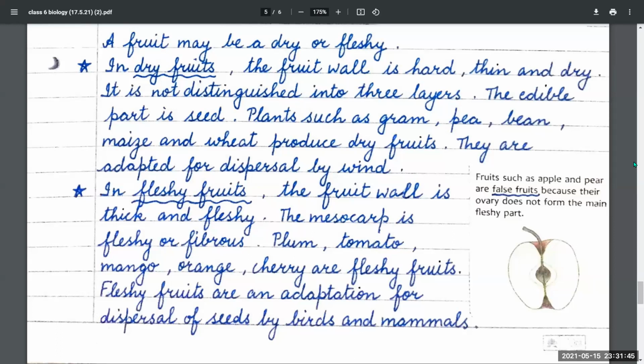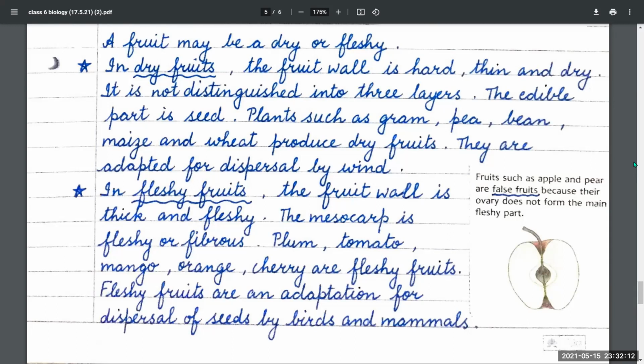The edible part is the seed. Plants such as gram, pea, bean, maize, and wheat produce dry fruits. They are adapted for dispersal by wind.